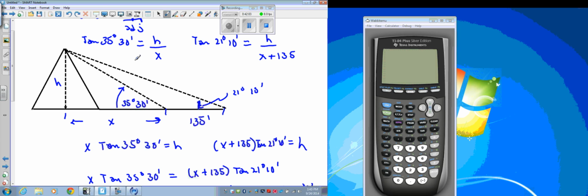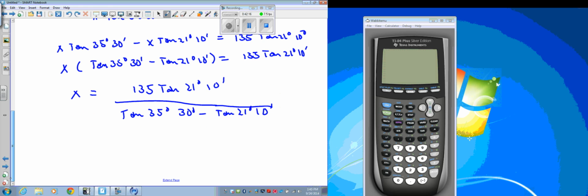Substitute in for that x: h is equal to x tangent of 35/30. Since h equals x tangent of 35/30, put this in for x.